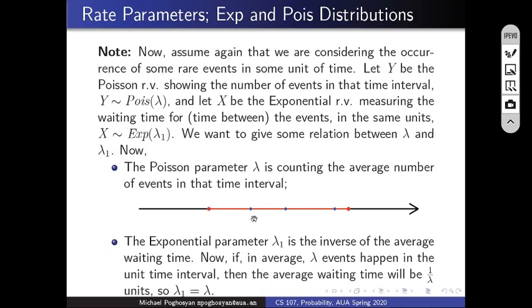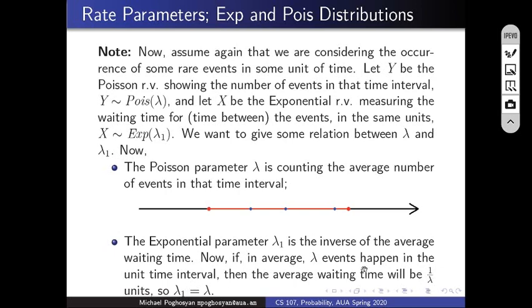So if on average lambda events happen in the unit time interval, then the average waiting time will be 1 over lambda. If 3 events happen in 1 unit, then the average waiting time between events will be 1/3. So 1 over lambda.